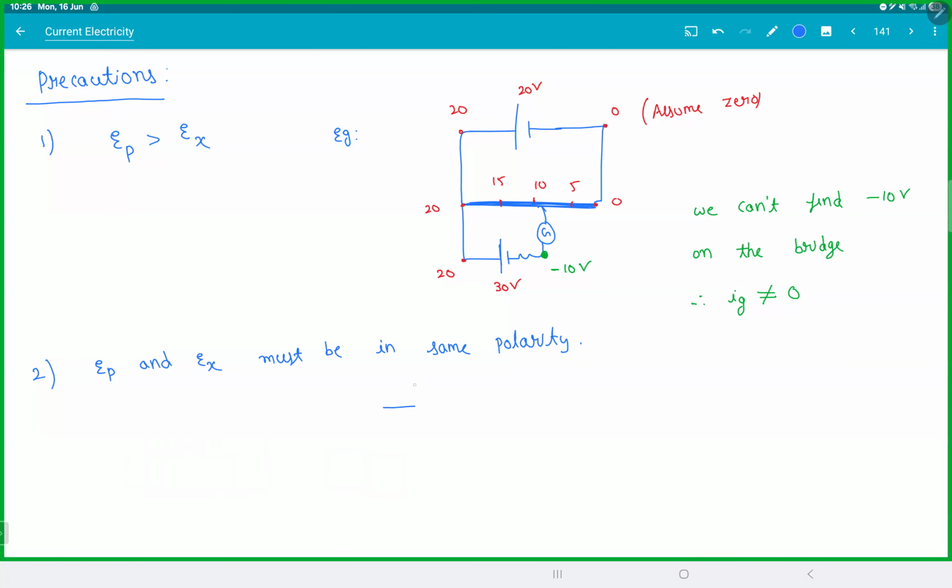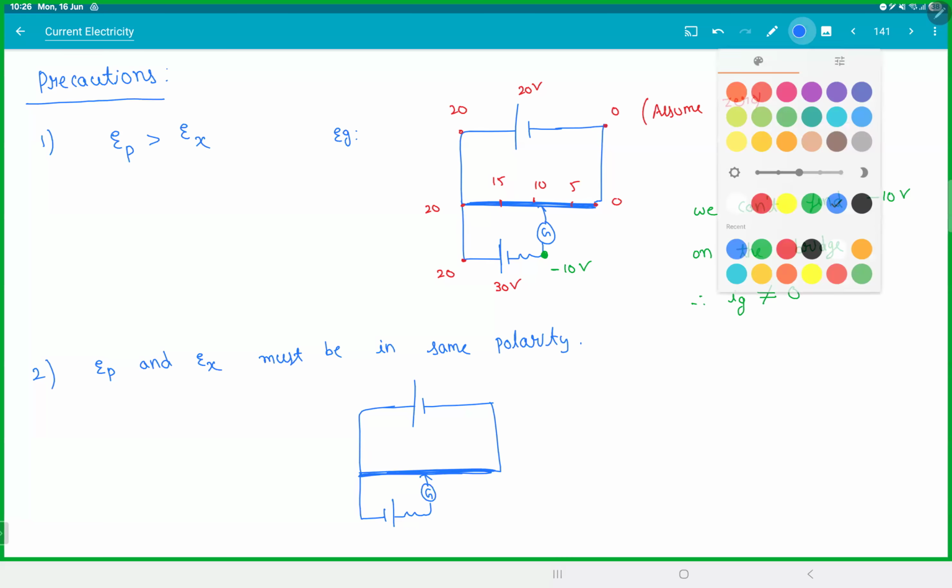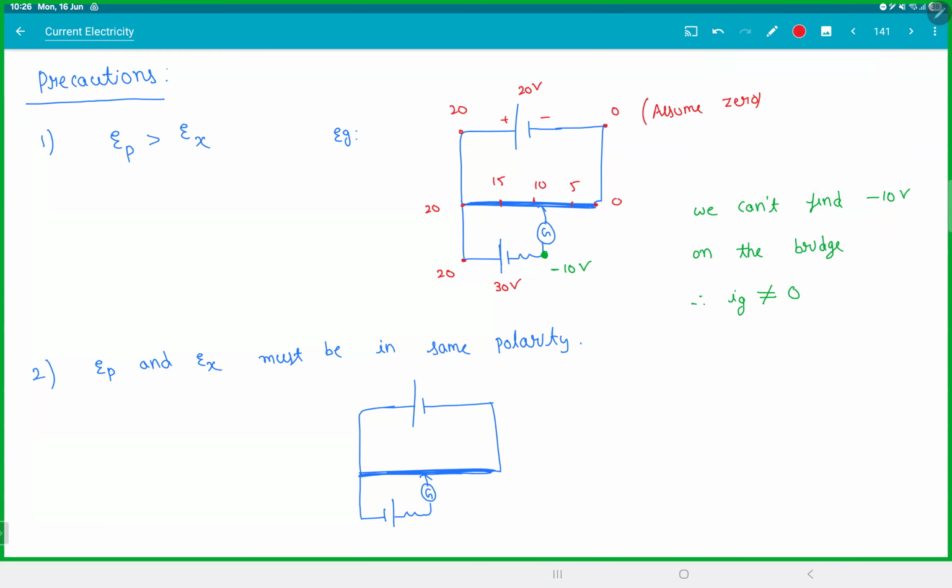Let's take an example again. Look at this. Here, this is plus, minus, this is plus, minus. So that's the same polarity. Plus, minus, this is minus and plus. Let's say this is 20 volt and this is 10 volt.